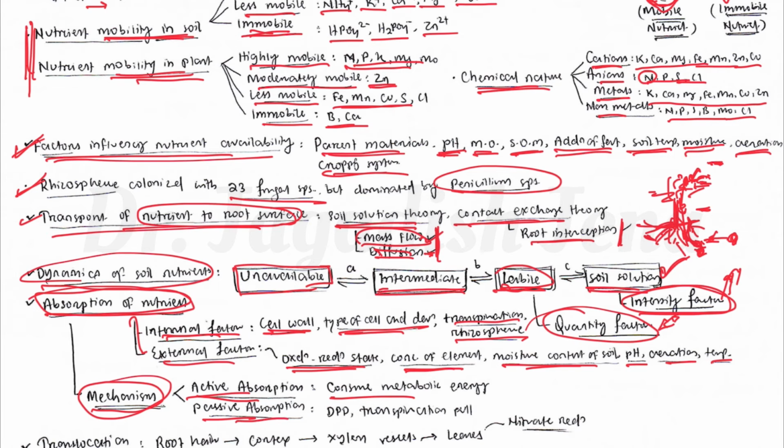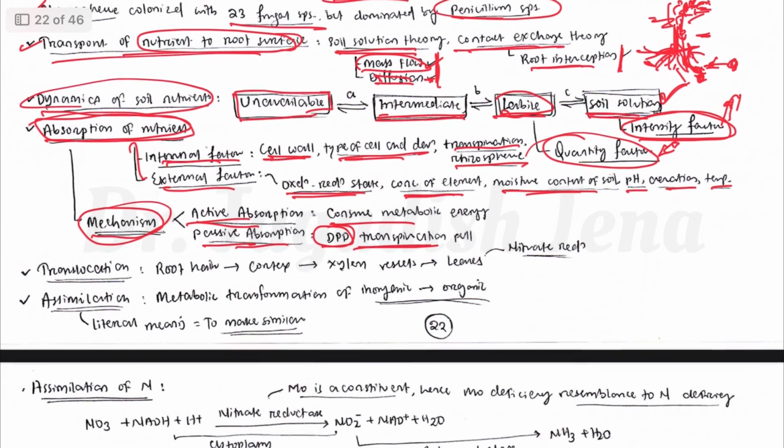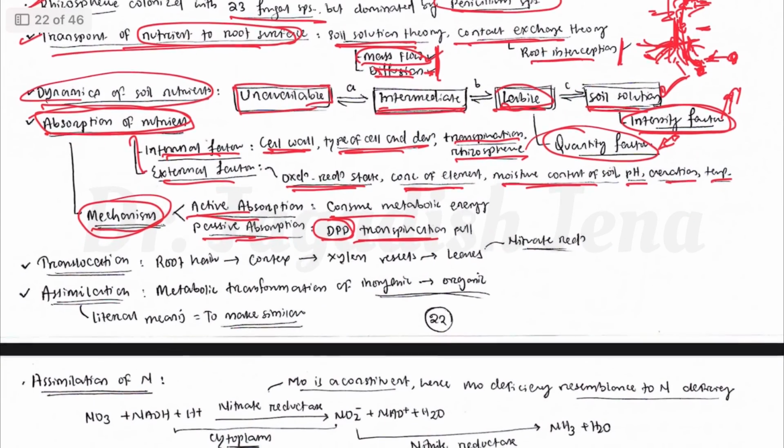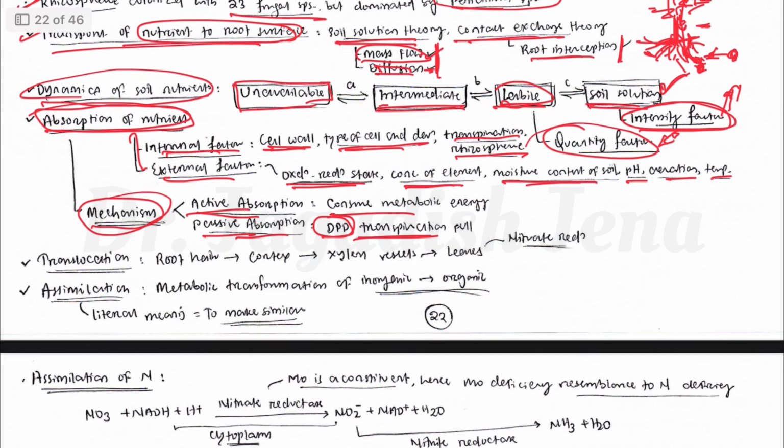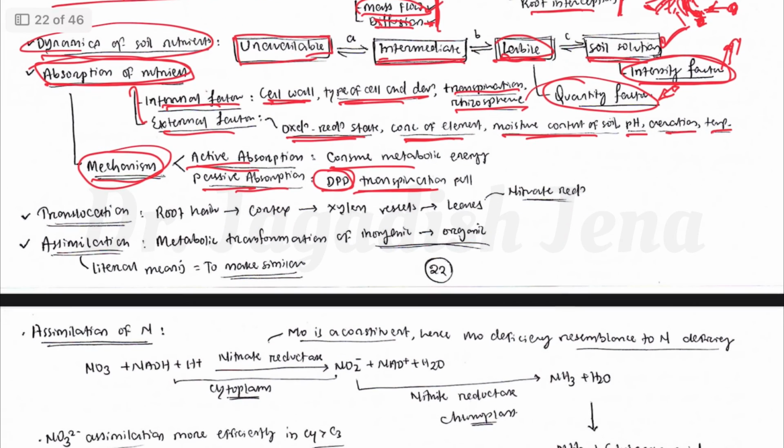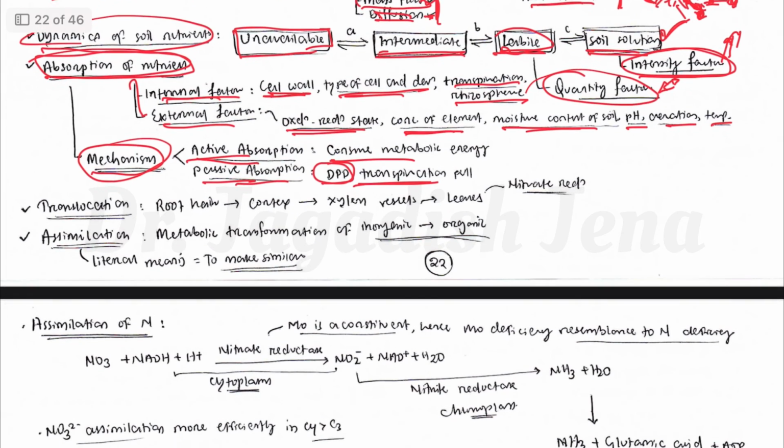Passive absorption is carried out through the diffusion pressure gradient, as I have already mentioned, and it is basically the transpiration pull. So that is passive absorption, without spending any energy. Now we have just discussed nutrient absorption, and then the nutrient is translocated in the plant system.